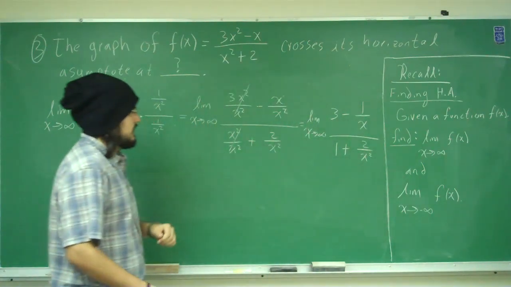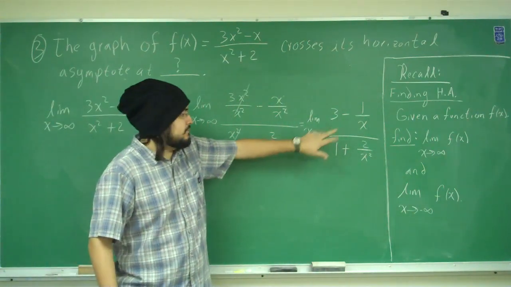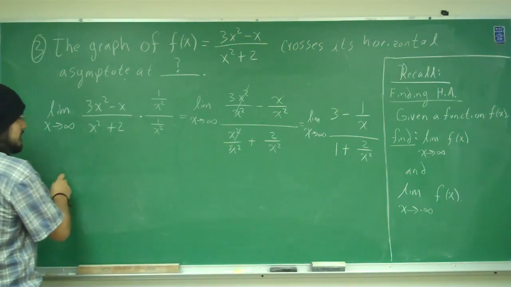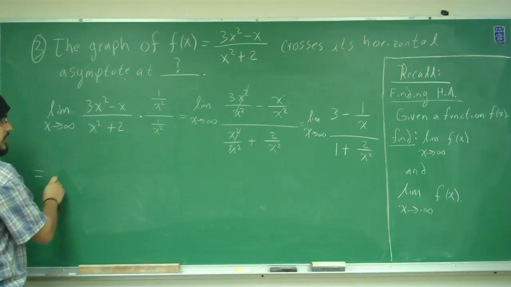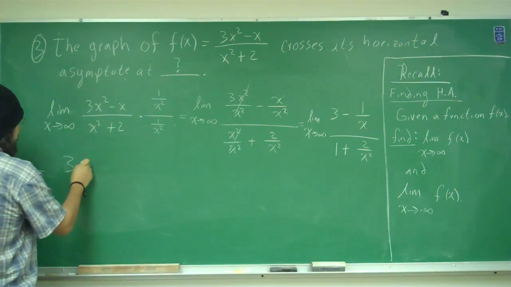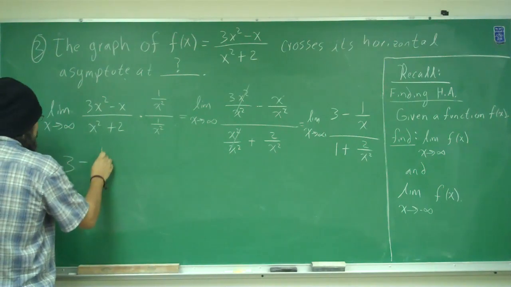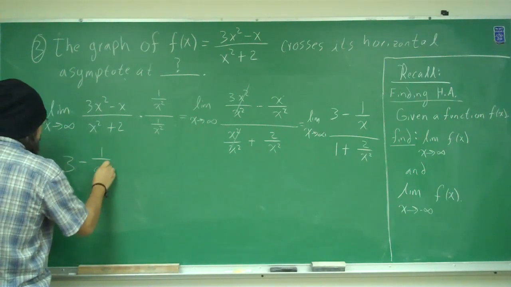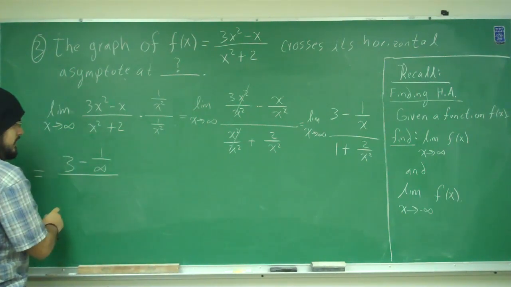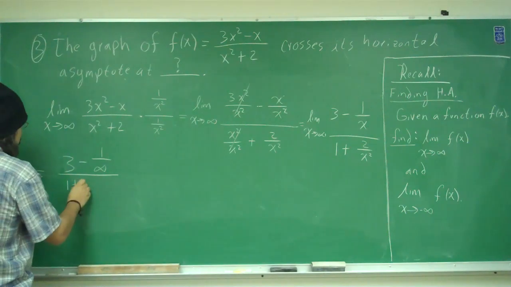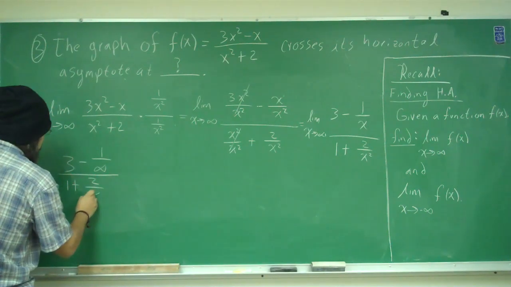That's good. We can plug in infinity now. So that's equal to 3 minus 1 divided by infinity, divided by 1 plus 2 divided by infinity.